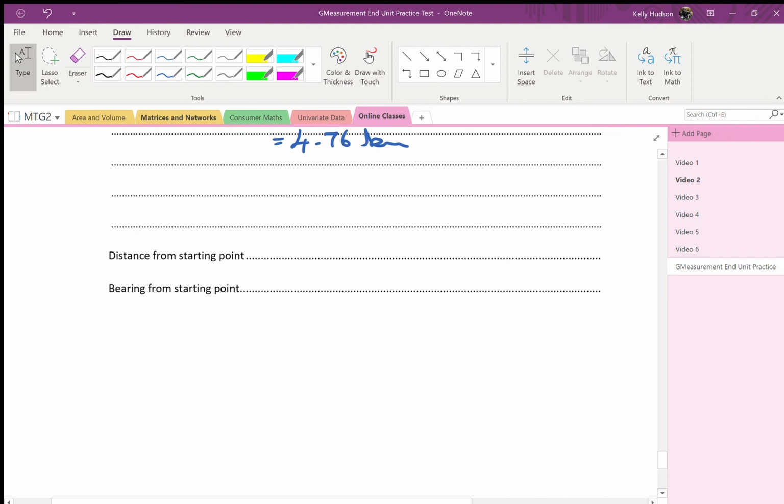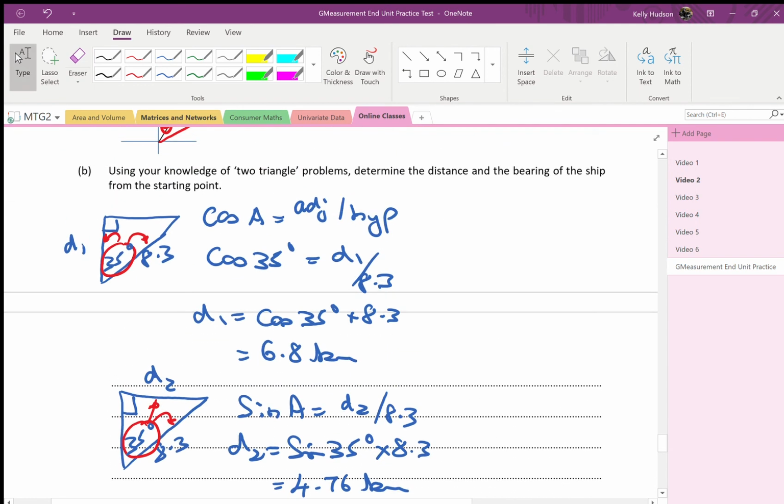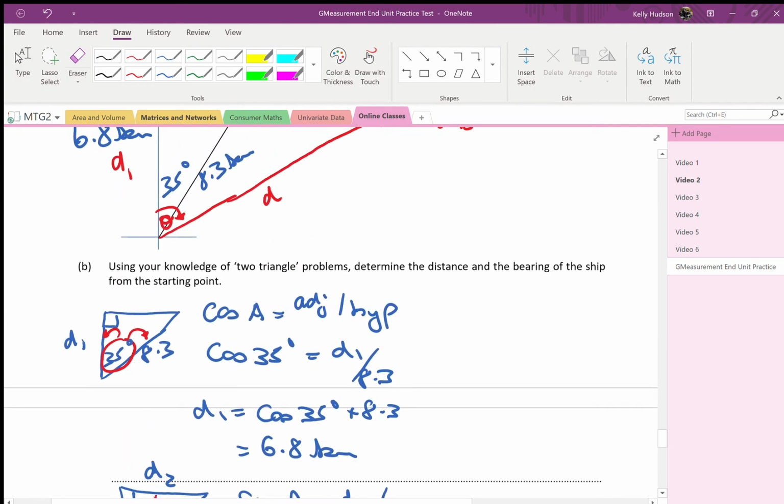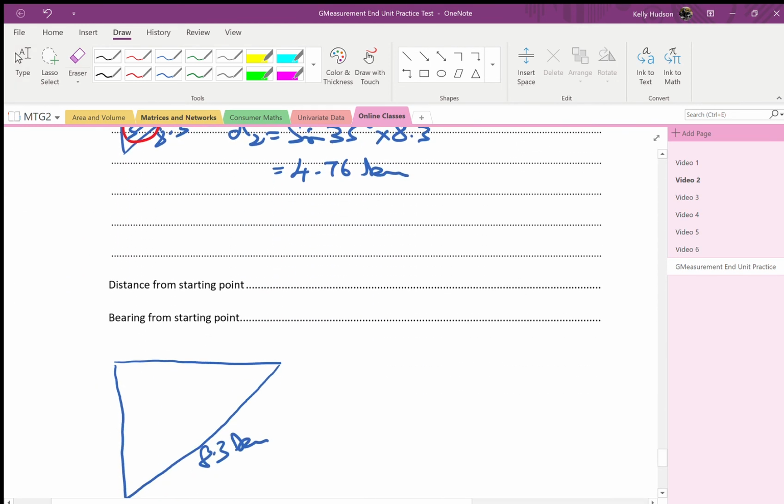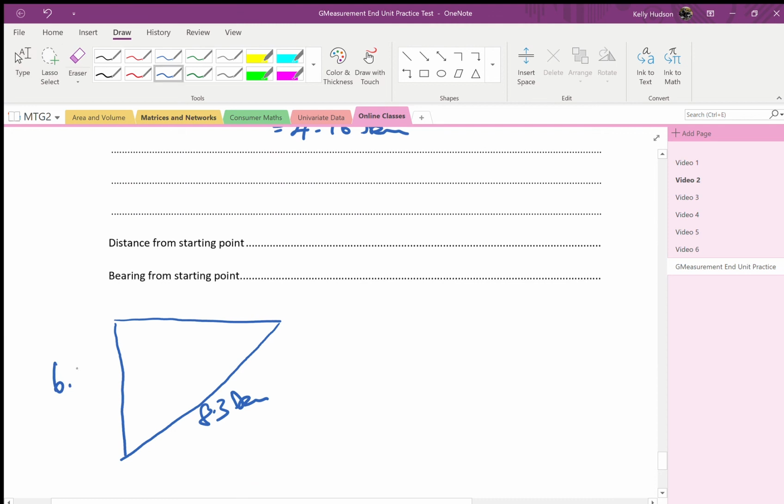So what does the triangle I've actually got now look like? Well, it looks a bit like this. I know this is 8.3 kilometers. I know my distance on my side was 6.8 kilometers.